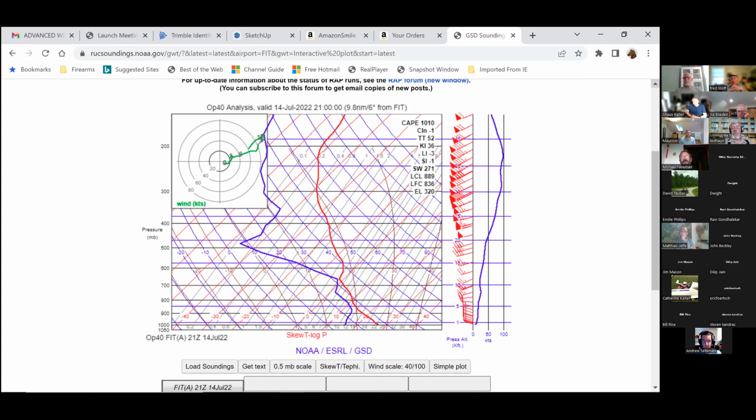You can get a forecast for what you'll see over time. And in the morning, what you'll see with the red line is it'll have a kink and it'll slant back. In the late afternoon, like we see right now, the air close to the ground has warmed up and is following that path up.